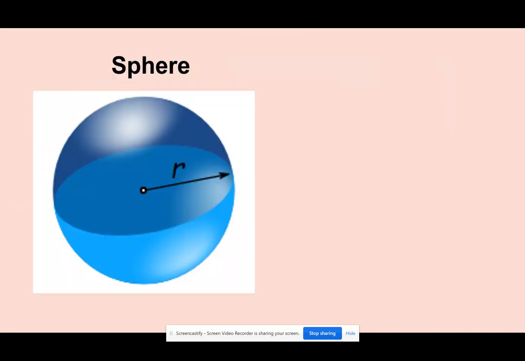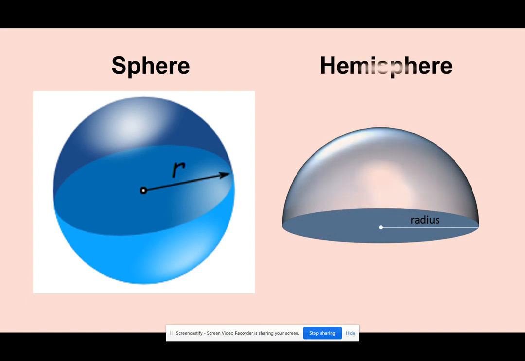All right, so next we need to talk about the different kinds of shapes. So obviously we know a sphere is like a ball, okay? We have a new vocabulary word in this unit, and that is the word hemisphere. And a hemisphere is half of a sphere. So if you think of a globe or the earth, okay?